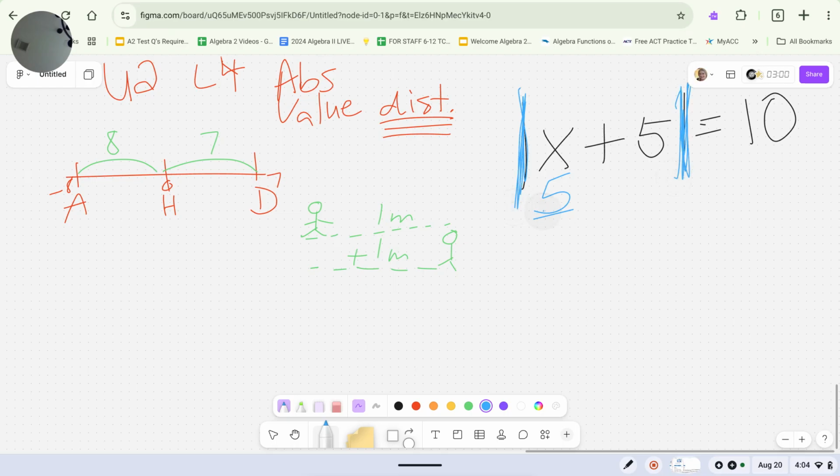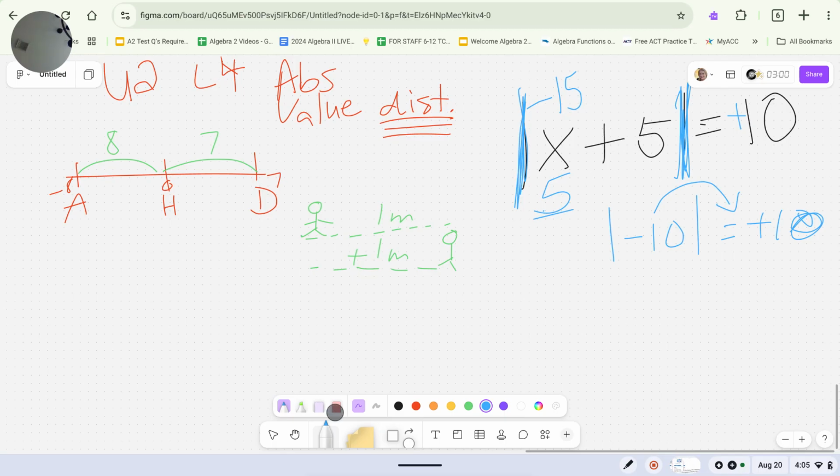So 5 plus 5 is actually positive 10. But what if I had negative 15 here? What is negative 15 plus 5? It's negative 10, right? But anything in absolute value has to come out and be positive. No matter what it is, it has to come out and be positive.